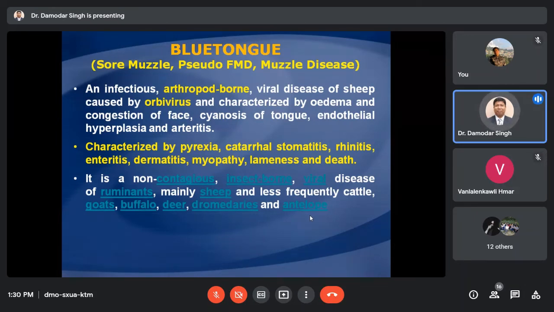Sometimes in the question, you may come across whether blue tongue is a contagious disease or not. Simply true or false: blue tongue is a contagious disease, for example, of sheep. It is not contagious because it is an arthropod-borne disease, meaning insect-borne. So that's why it is not a contagious one. Sometimes that type of question you may come across.